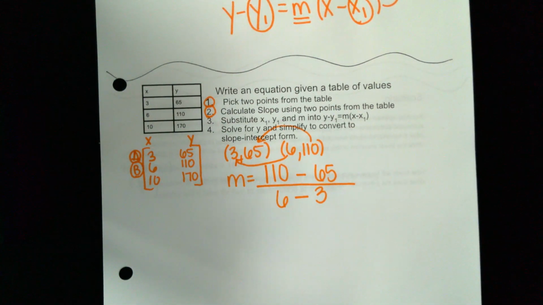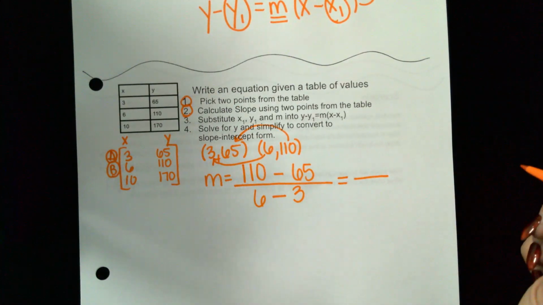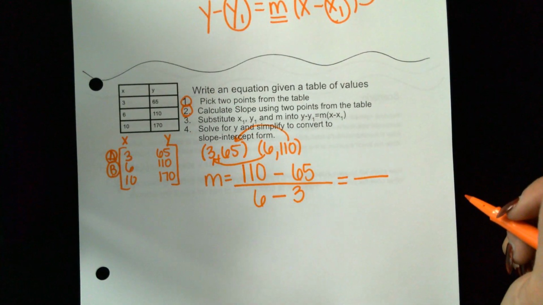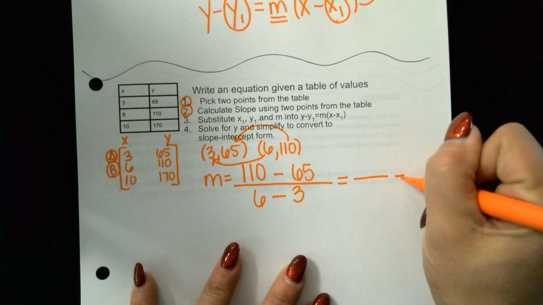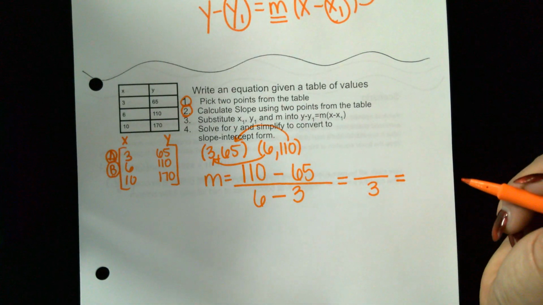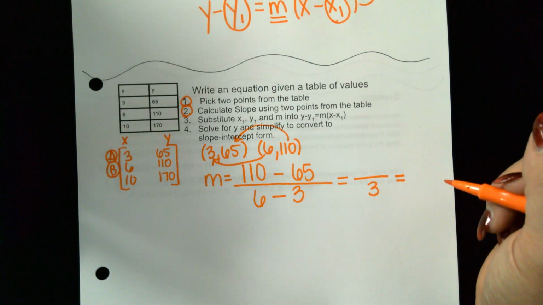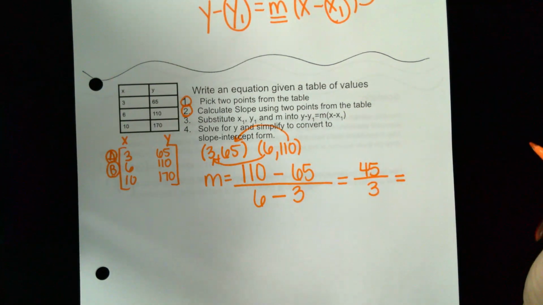So pick up those calculators, subtract the top, subtract the bottom, and then we'll do our division step last. 110 minus 65 is 45, and 6 minus 3 is 3.